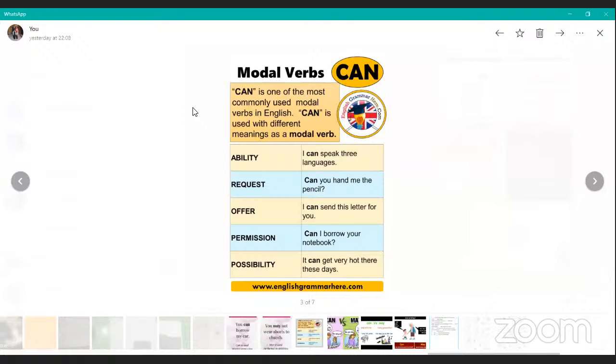For example, when you go to a shop, the seller or the owner may ask you, can I help you, madam? Can I help you, sir? So that is offering a help, giving a helping hand. Offer: I can send this letter for you.